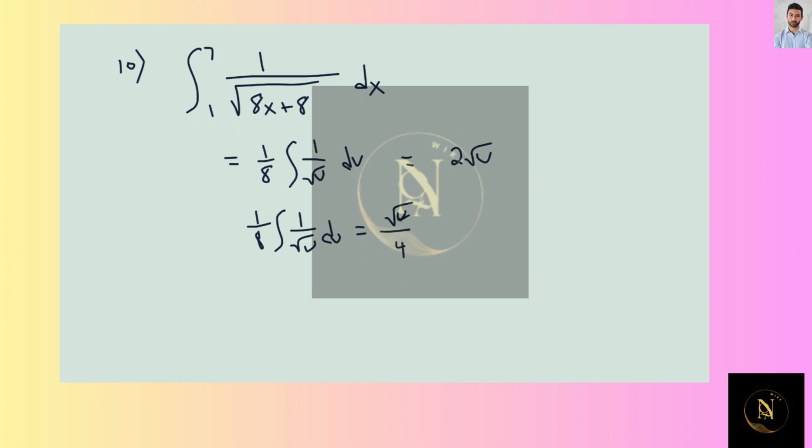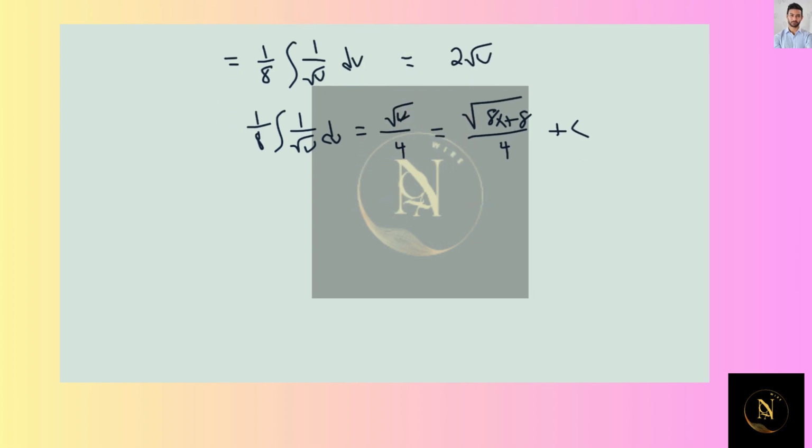And then substituting u back in, we have the square root of 8x plus 8 over 4. In general, that would be plus c, but we're doing the definite integral from 1 to 7.